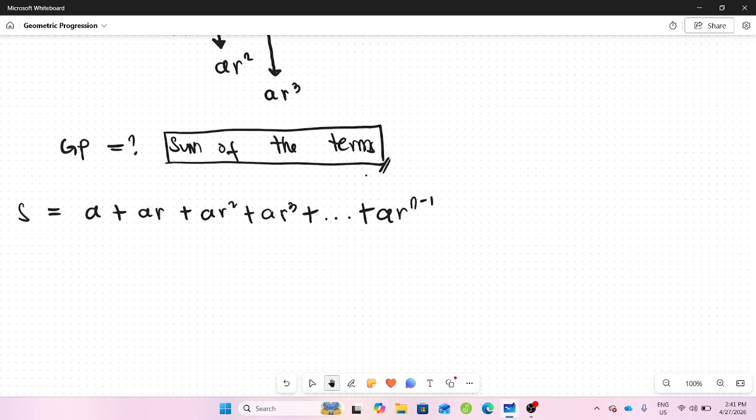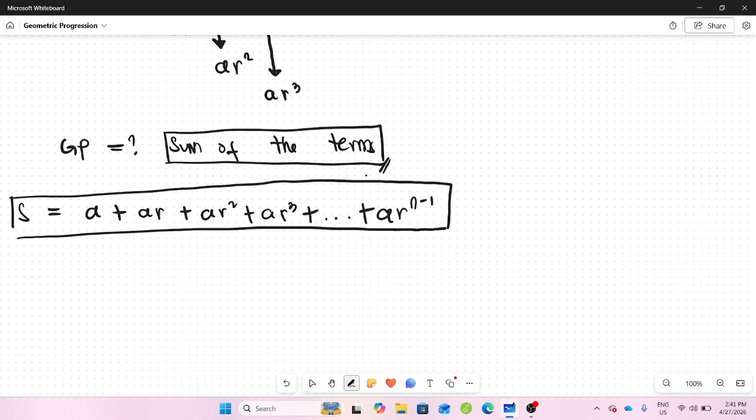Now, what I'm going to do here is multiply this equation by r.